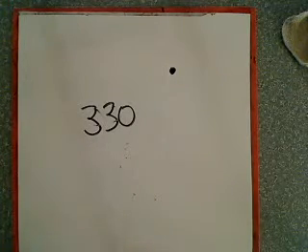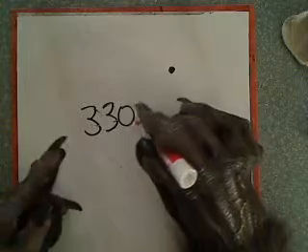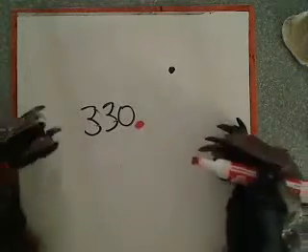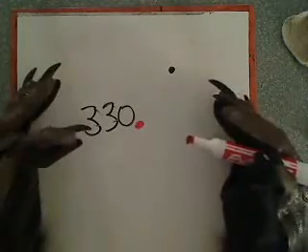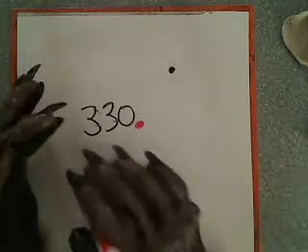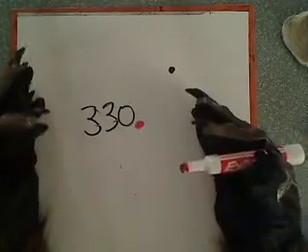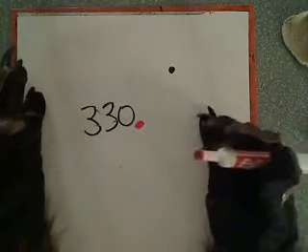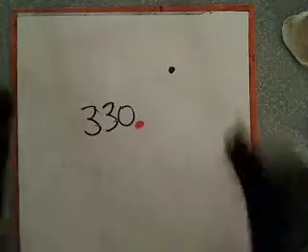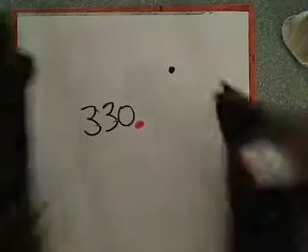This is $330 or 330 donuts, and the decimal is actually at the very end. So the first thing you need to do is locate your decimal. Now, 330 is read 330. This is a whole number, whole donuts, whole dollars.